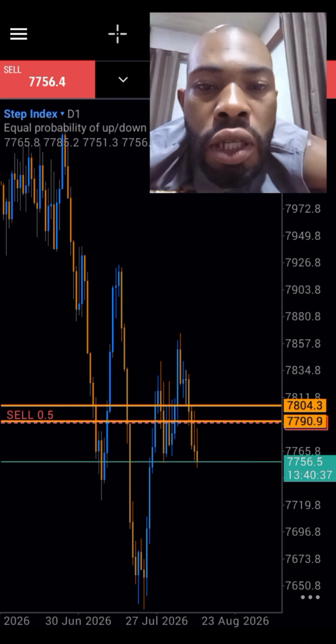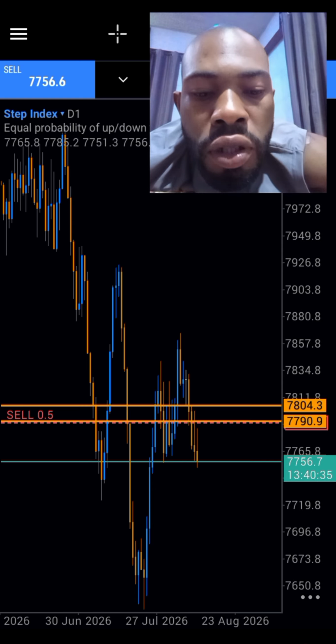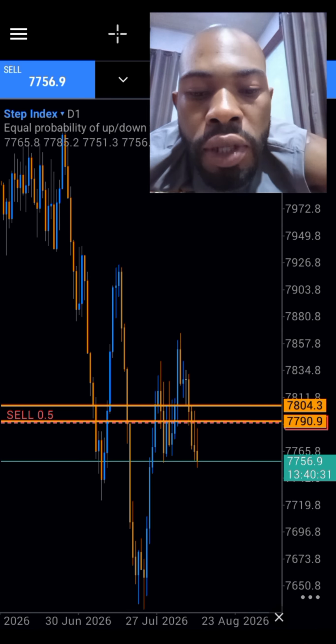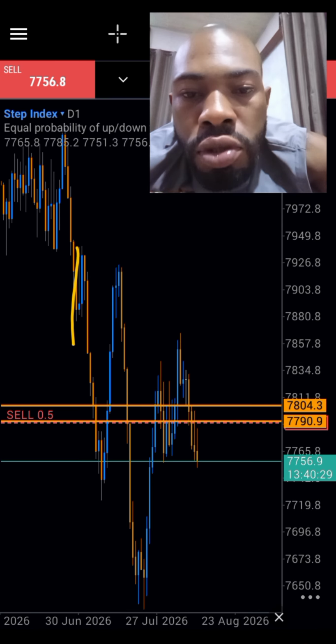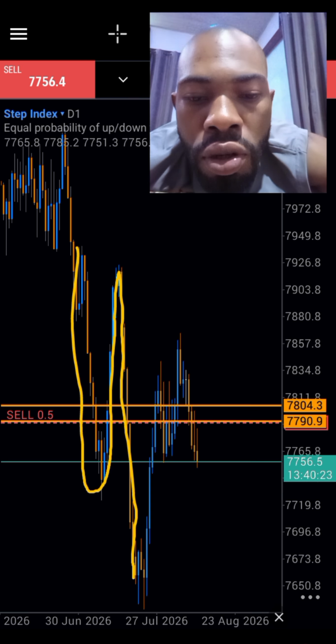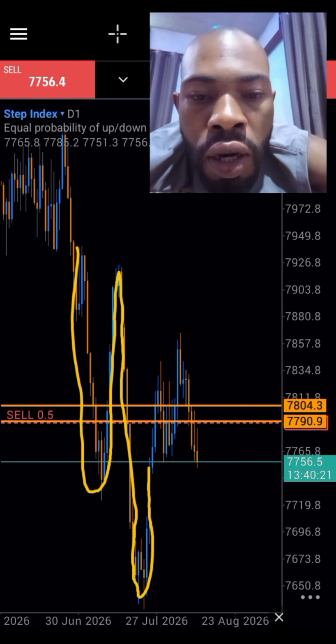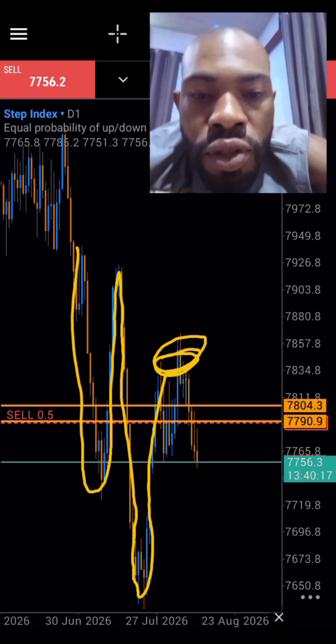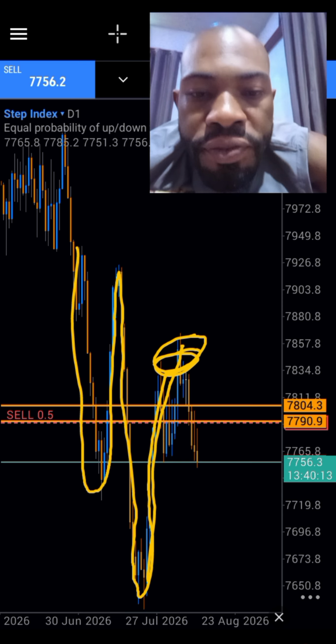Now if you check this market here, you agree with me that this market is going low, high, low, then high. This market has already done 50% in this leg.